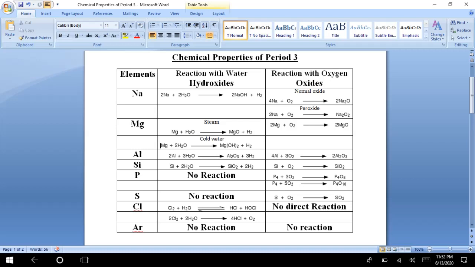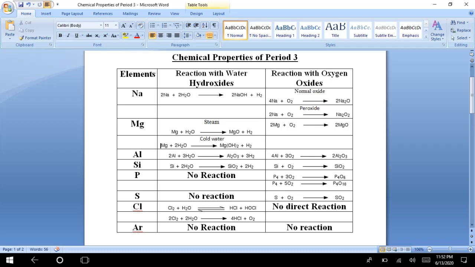Next we move towards the reaction with oxygen. When sodium reacts with oxygen, it forms a normal oxide, sodium oxide, but it also forms sodium peroxide. Now, what's the difference between a normal oxide and a peroxide? Whenever you find the oxidation state in sodium normal oxide and sodium peroxide, you will come to know that in the normal oxide, the oxidation state of oxygen is -2.